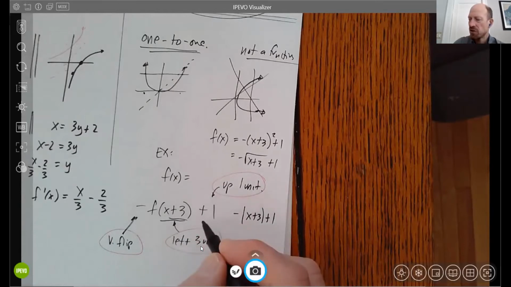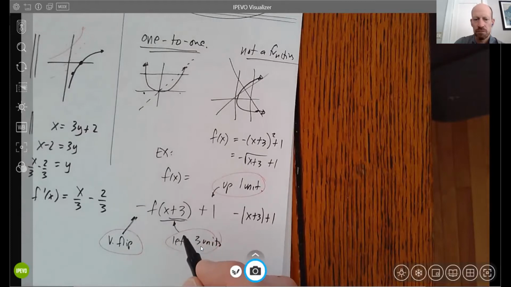Each of these 3 things is totally separate from the others. So this movement here has nothing to do with any of the other parts. It's just from the plus 3, the x plus inside. Same here. That's negative on the outside, just does its thing independently of all the others. Okay.